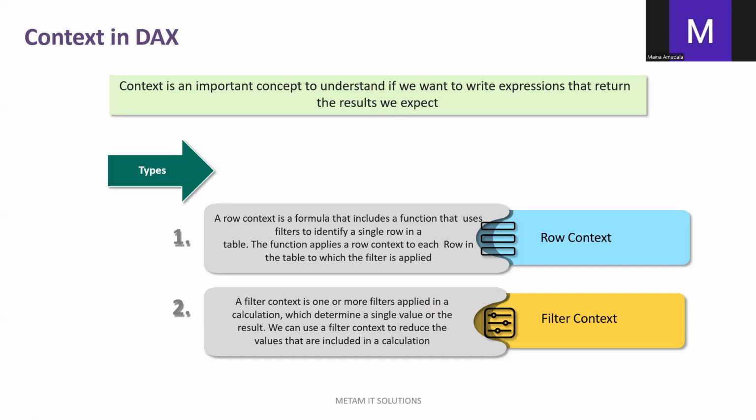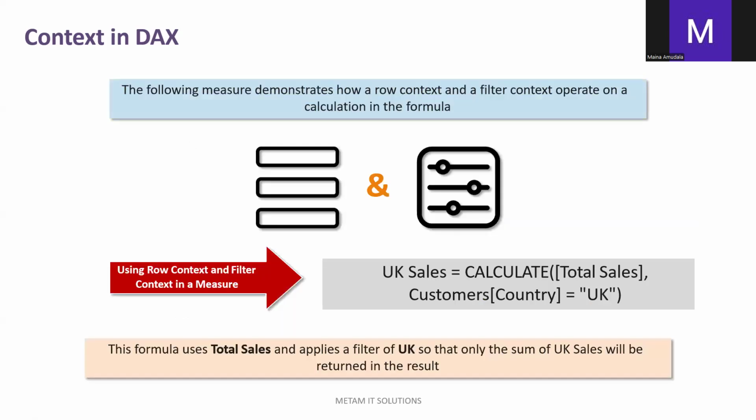Row context refers to the current row being processed in a calculation. We also have the evaluation context, which refers to the environment in which a formula is being evaluated, including the current row, filter, or any other factors.